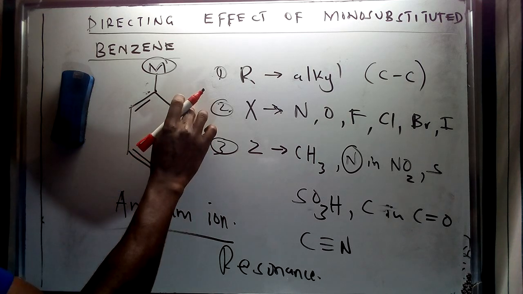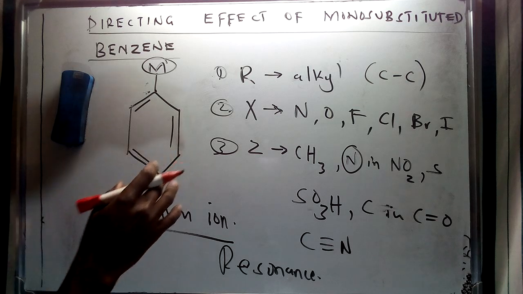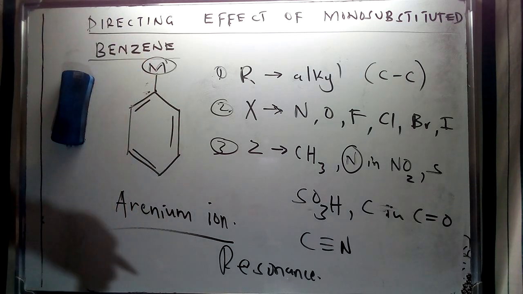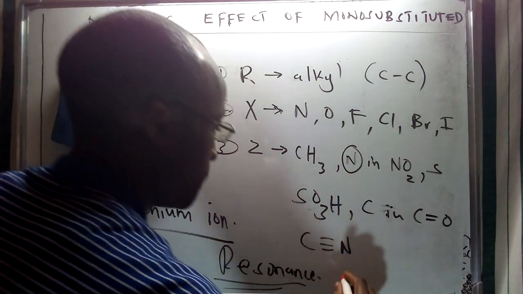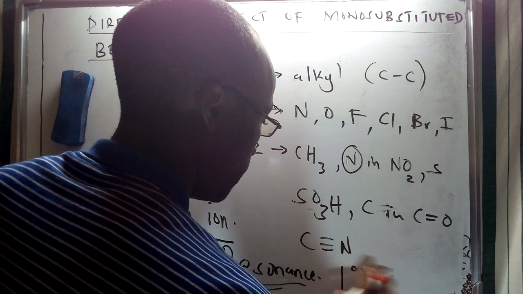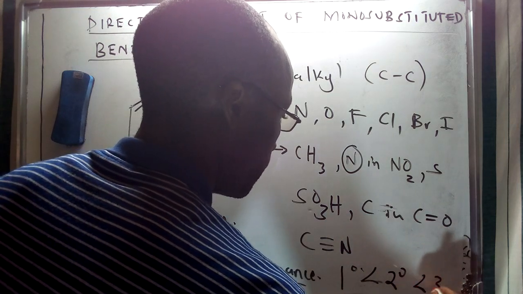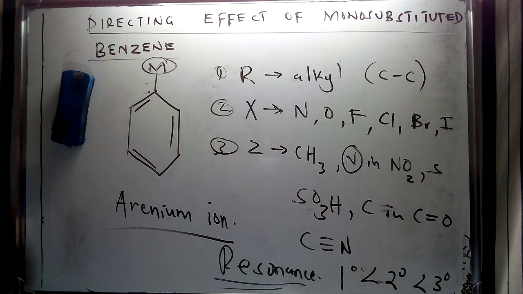So if it attacks at this specific point, then we're going to see, as the electrons move within this ring system, the degree to which these specific ions are going to be formed, and this is going to help us determine the order of stability of the product molecule that is going to be formed.